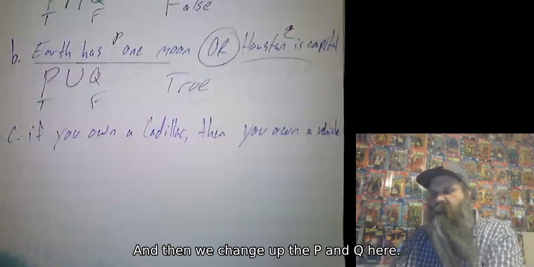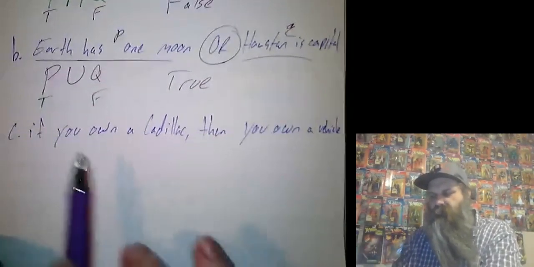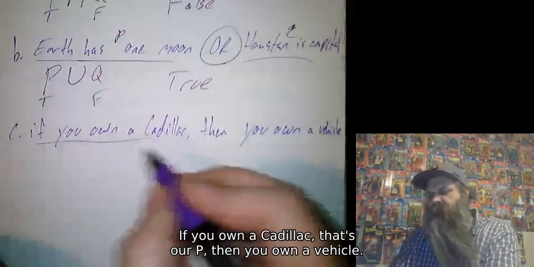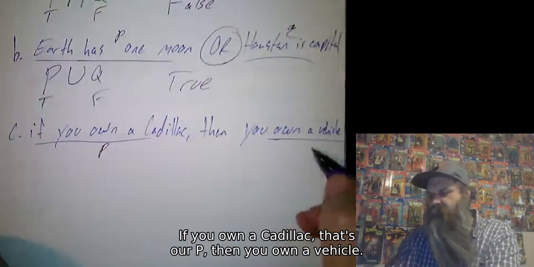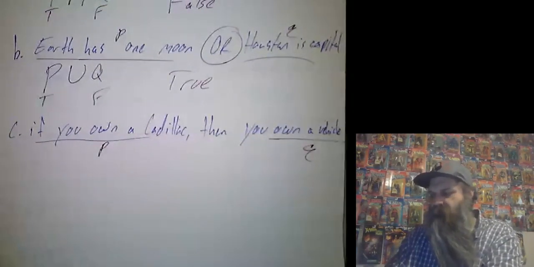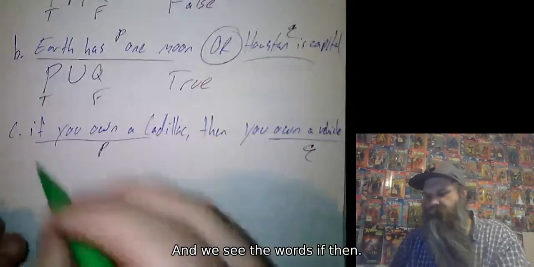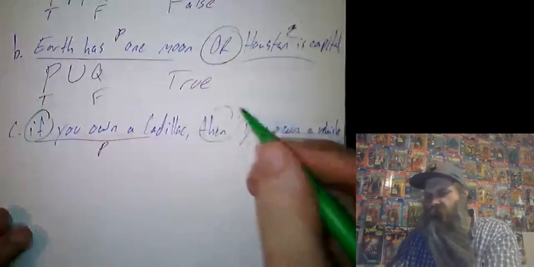And then we change up the P and Q here. If you own a Cadillac, that's our P, then you own a vehicle, that's our Q. And we see the words if, then.